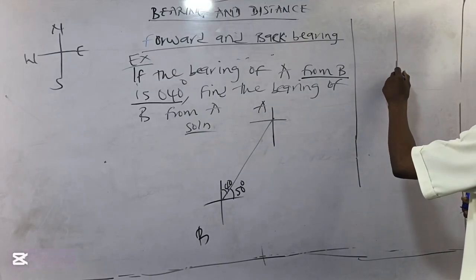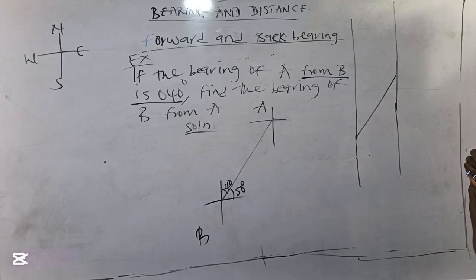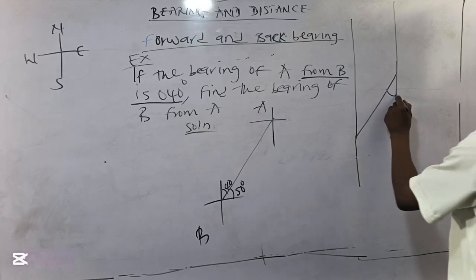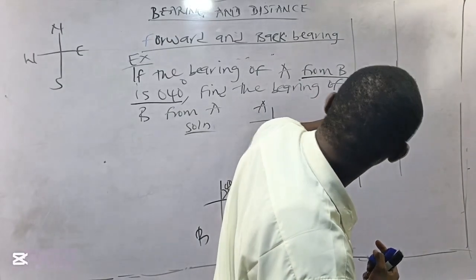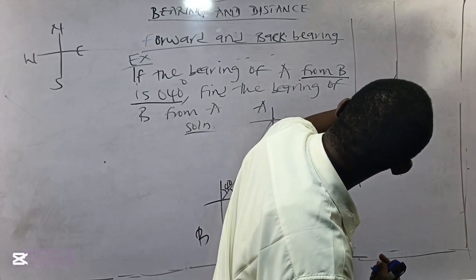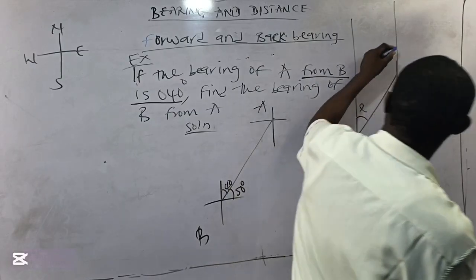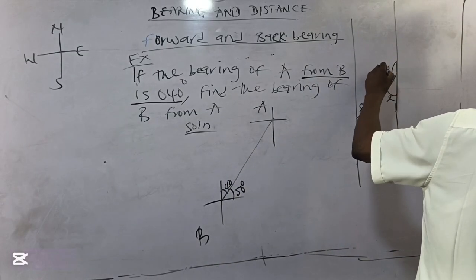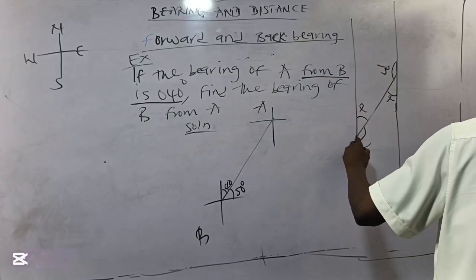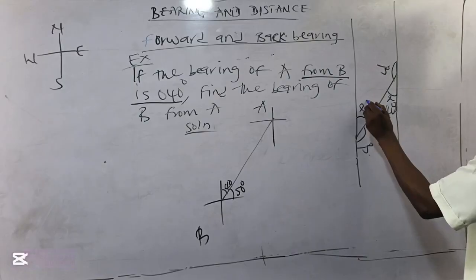So any line I draw this way, I will form an alternate angle. Meaning this angle here, forming something like Z, will be equal to this. Meaning if this is alpha, here must be alpha. And this is also forming a kind of Z as well. If this is beta, this must also be beta. Meaning if this is 40 degree, here must be 40 degree.